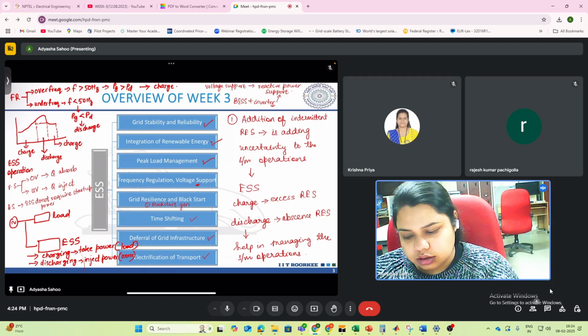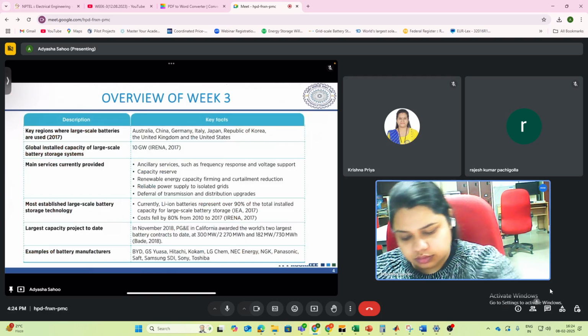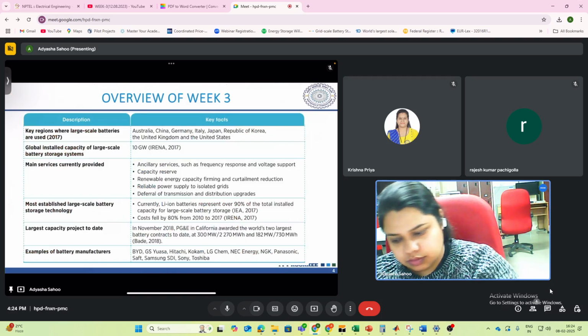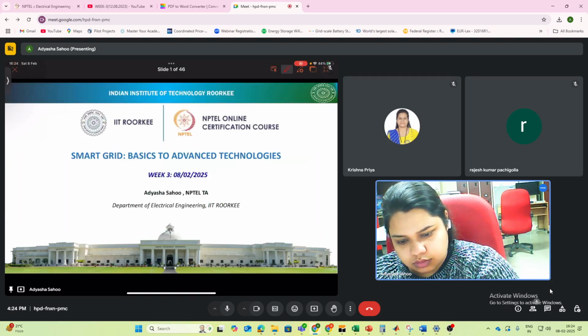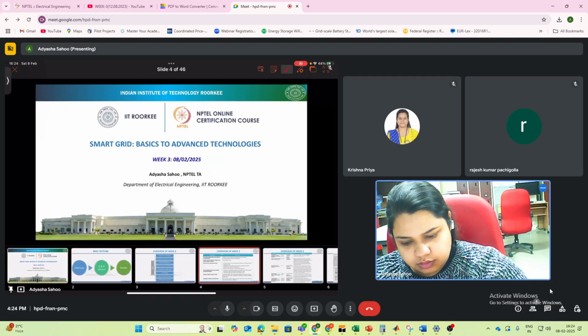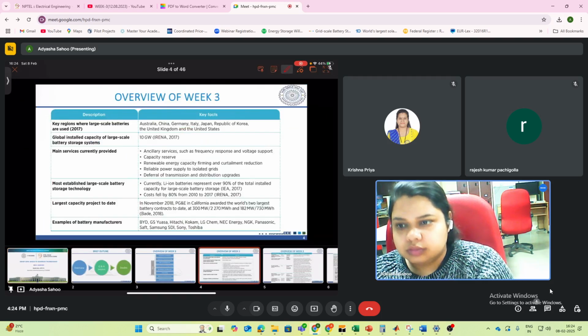Then here some applications are discussed. So the key regions where large scale batteries, I think the slide is not moving. Yes.